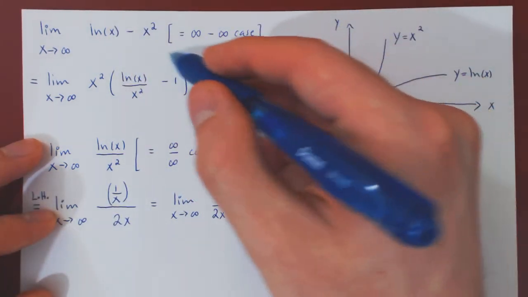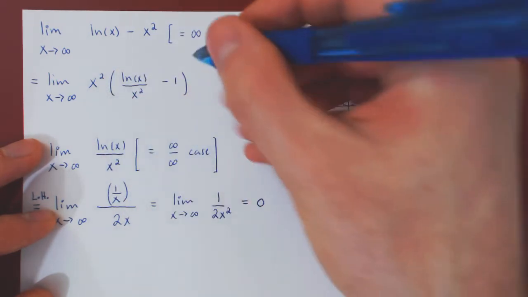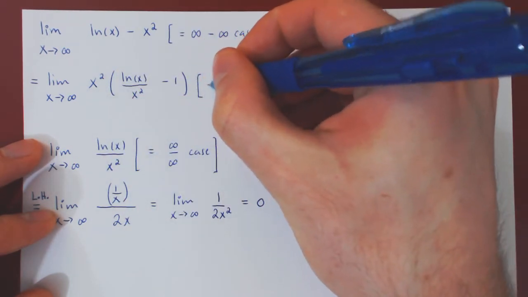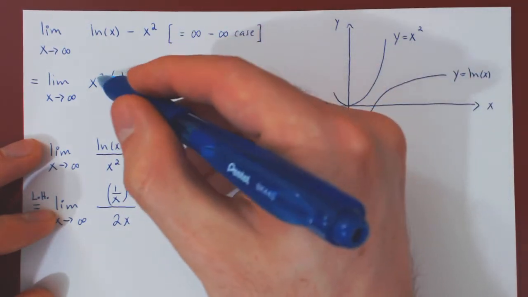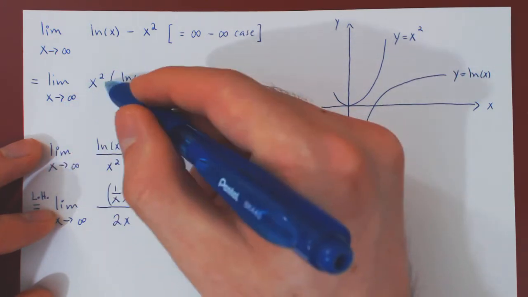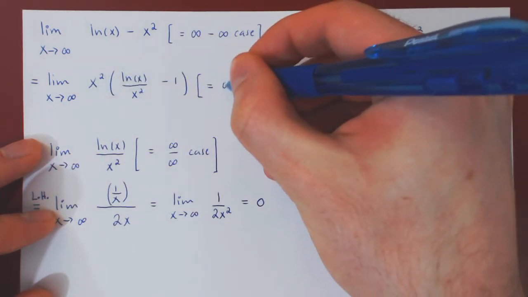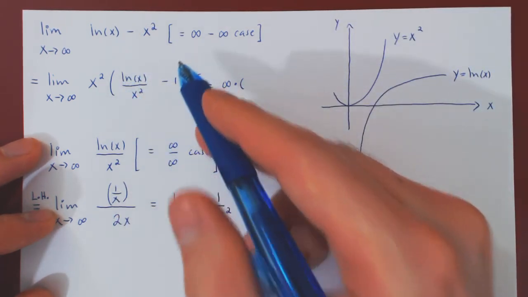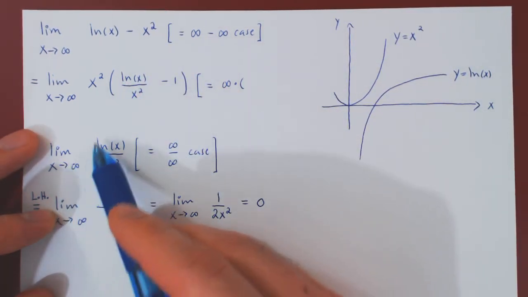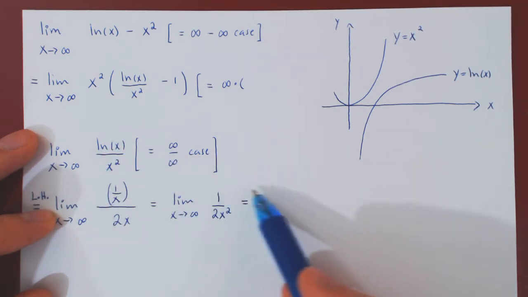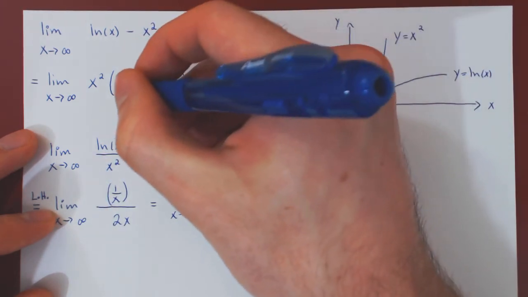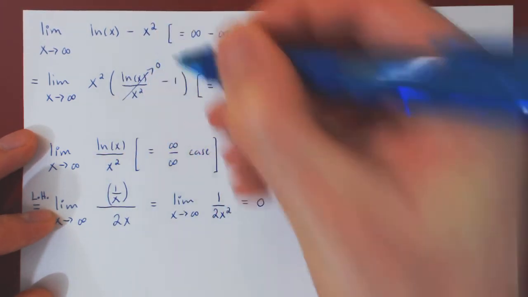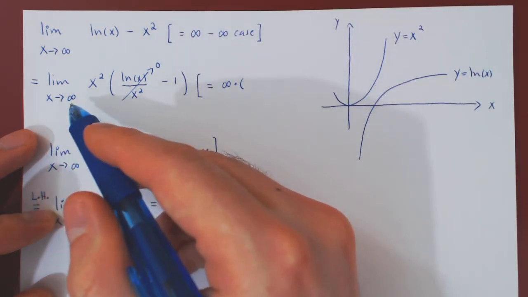And so, let's look at the case that we're dealing with now. Well, obviously, as x goes to infinity, x squared goes to infinity, times, and this is where it's interesting, we have proved with L'Hopital's rule that this limit is equal to 0. So ln of x over x squared goes to 0 as x tends to infinity.